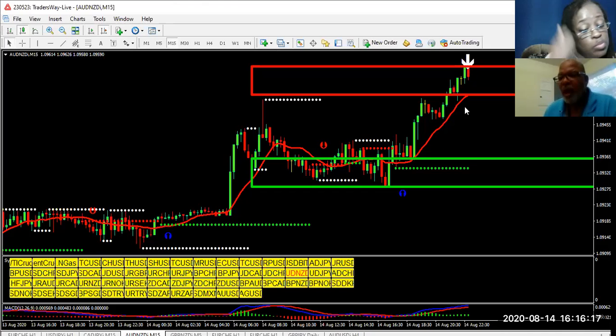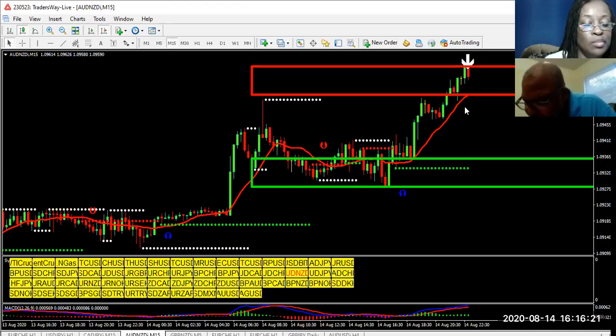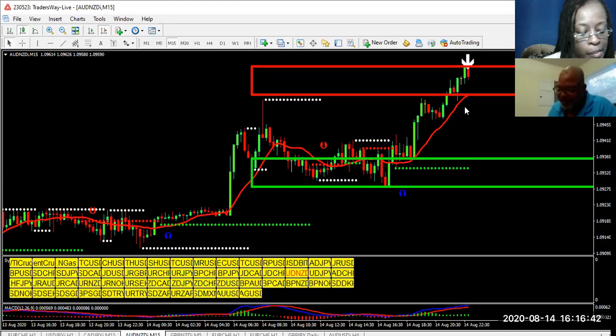That's it. The lower, the more aggressive. So the early entry is the 13 and the conservative is the 50. Absolutely. See, I'm coming along. You got it. All right, I'm real straight now.